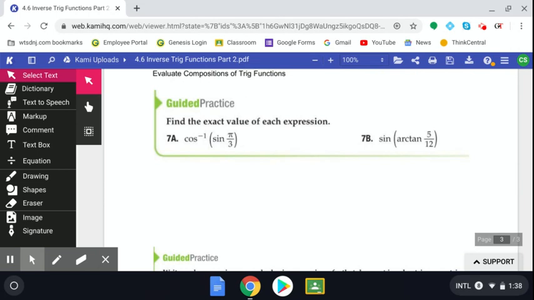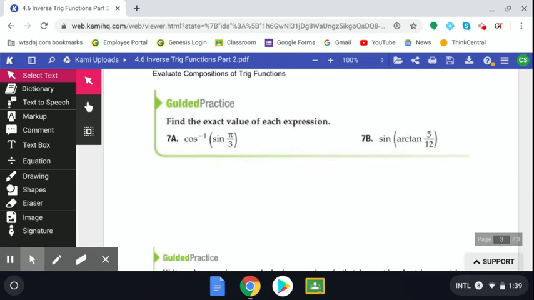Okay, so this one, it's not just enough to find if it is in the domain, because it's inverse cosine of sine of pi over 3. So I am going to work from the inside out.